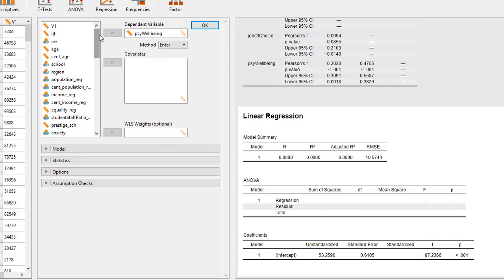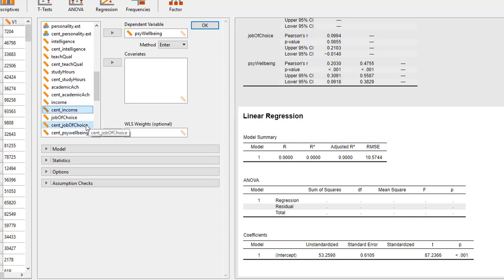So why do we do that? We do that because we are going to calculate the interaction between variables, and I'm going to explain why it's important to do that. So let's first put center income and center job of choice.